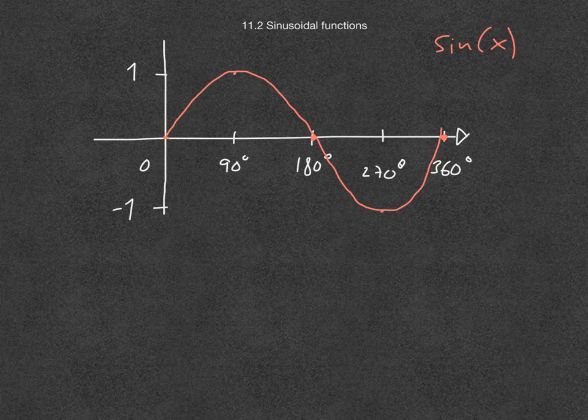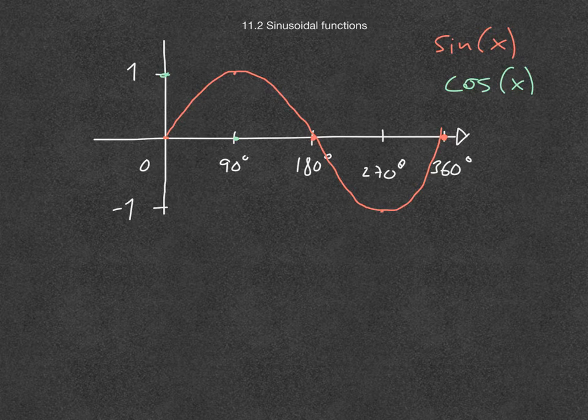And we could do the same for the cosine function. Cosine of 0 degrees is 1. And cosine of 90 degrees is 0.